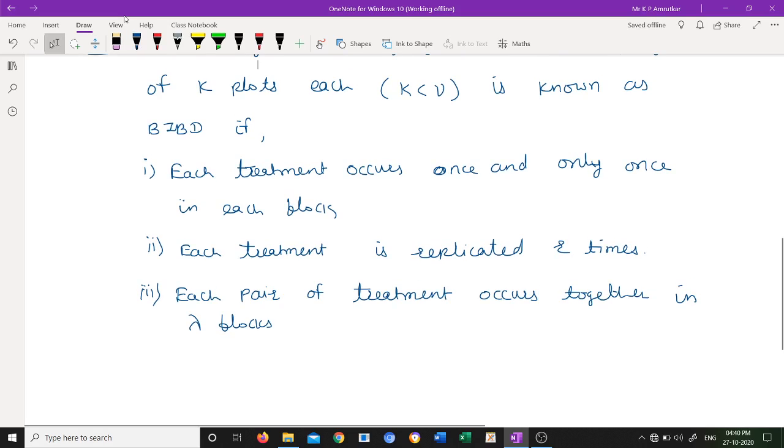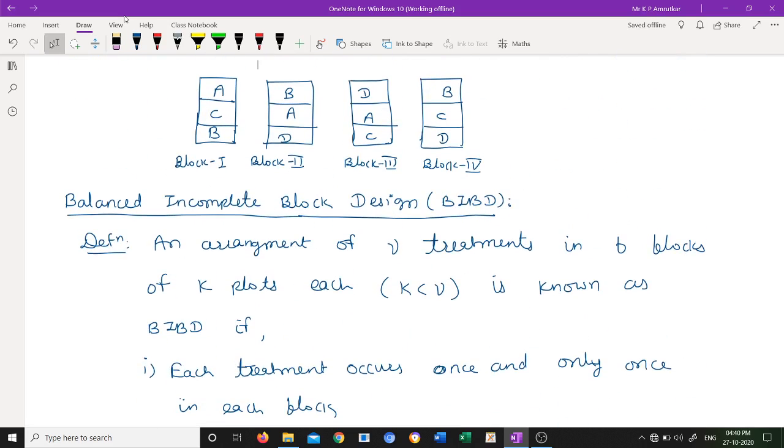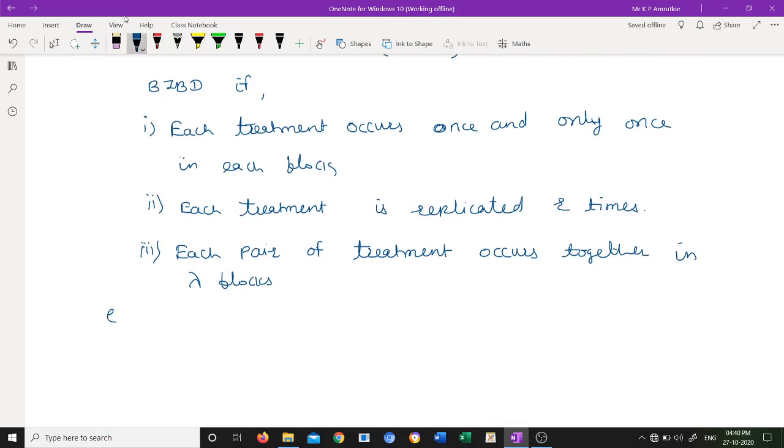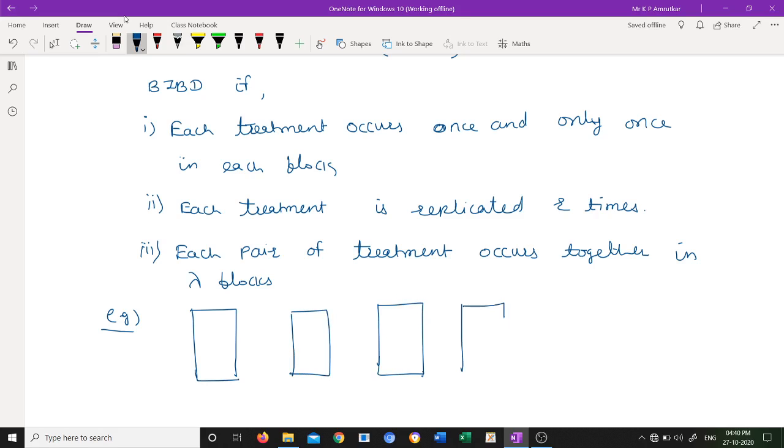Take the same example we had taken here. There are four blocks: block 1, block 2, block 3, and block 4. Each block is divided into three plots.